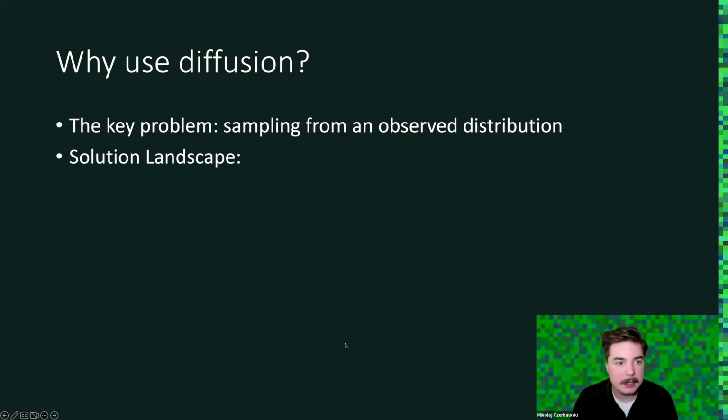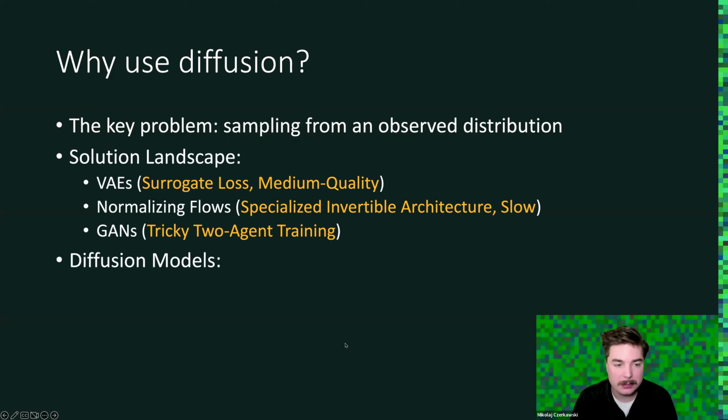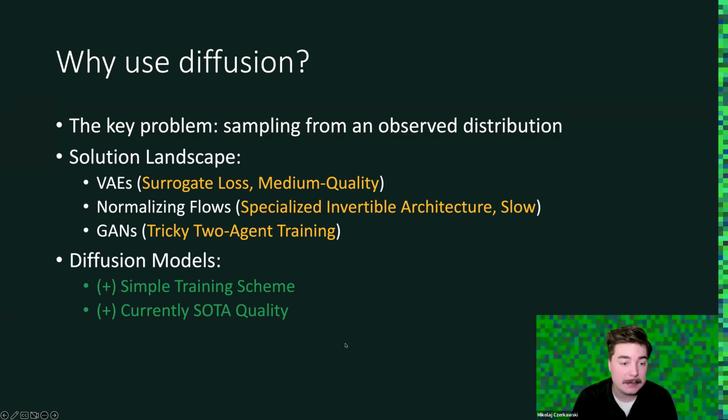And so far, there have been several common solutions to that, including variational autoencoders, normalizing flows, and GANs. But all of these solutions, and the ones not listed here, have certain disadvantages. So first of all, diffusion models are quite simple, quite easy to train, and they also seem to deliver state-of-the-art quality.